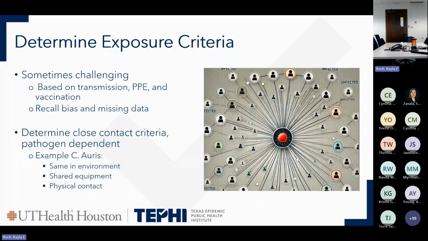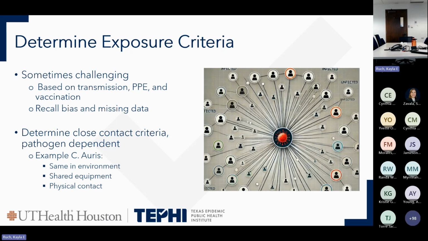As I mentioned, close contact criteria is pathogen dependent. For this example, we're going to talk about C. auris again, especially since module 207 talked about C. auris, and also in module 206, emerging pathogens, we talked about C. auris.